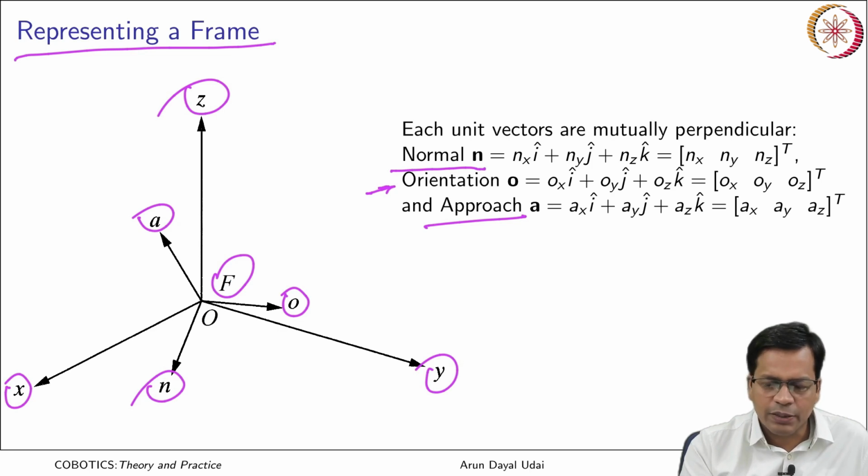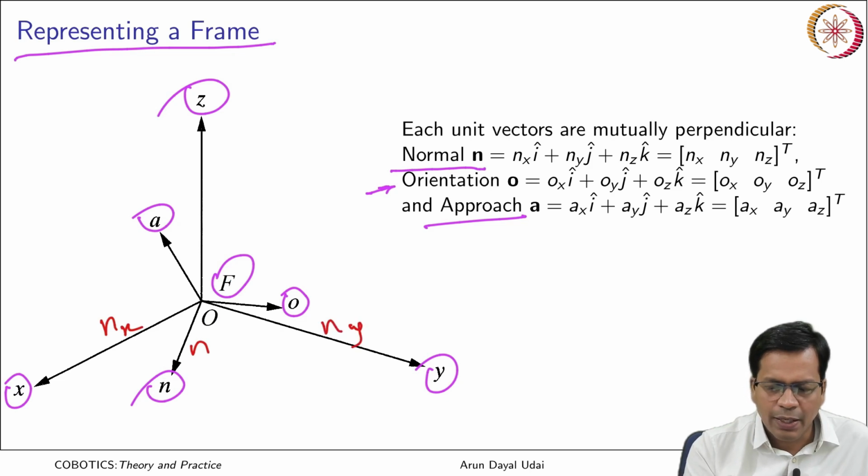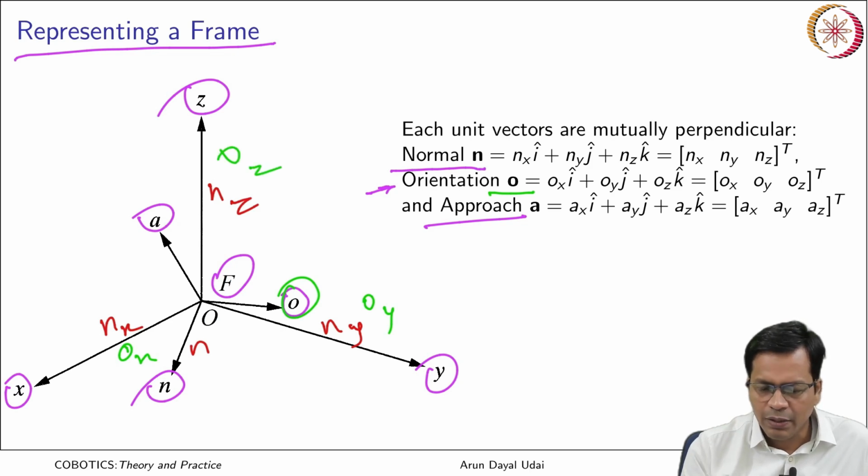So nx means projection of n along x, n along y, n along z. Similarly for O, it is O along x, O along y, O along z. For approach, A along x, A along y, A along z.